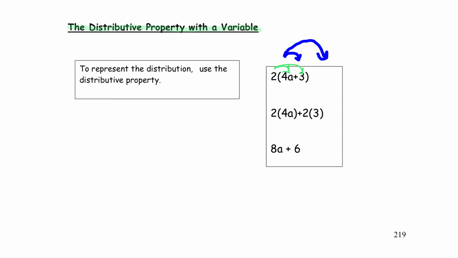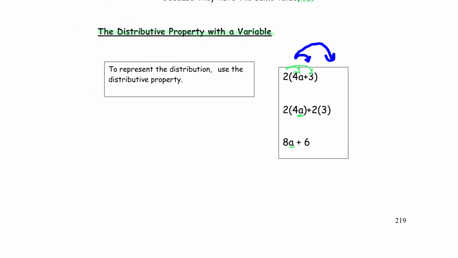So we multiply by each number inside of the parentheses. So for the first one, it's 2 times 4, but now all we're doing when we have a variable is we bring the variable along. So it's 2 times 4a plus 2 times 3, and our final answer when we multiply is 8a plus 6.